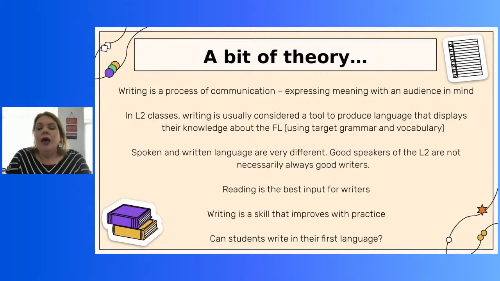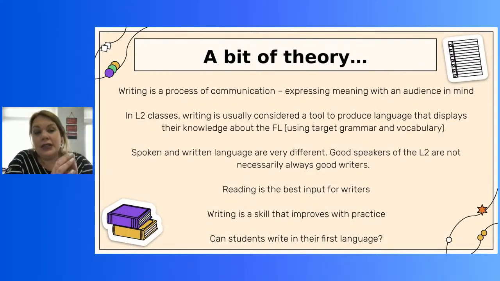But we need to ask ourselves a very important question as teachers. Can our students write in their first language? And I think that maybe the answer to this question for a lot of you is no, or at least they're not writing as well as they should in their first language.